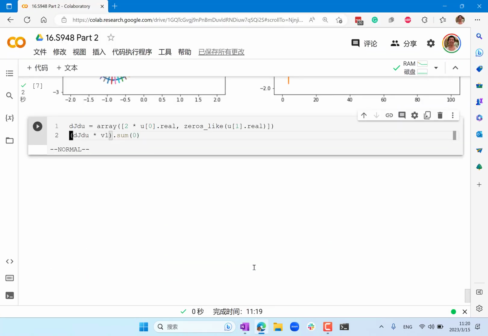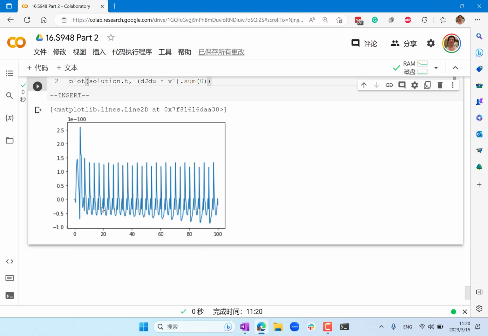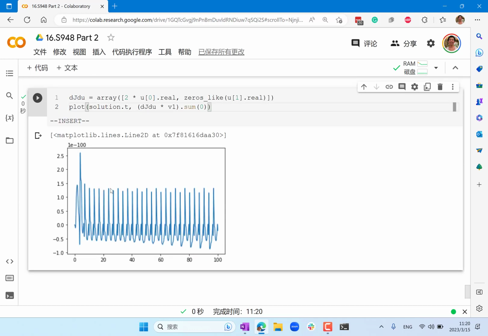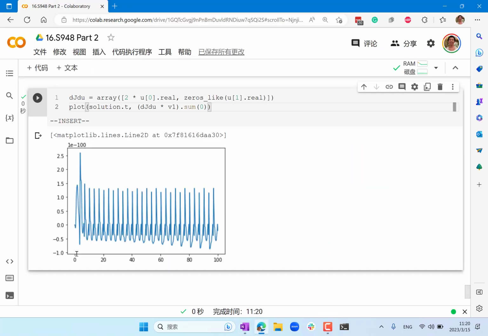Okay, so let's just plot it, solution dot t with this dot sum 0, and make sure that it is actually something that's stationary. This thing needs to be averaged in order to obtain this approximation to delta J1. What I usually like to do is cumsum of these.